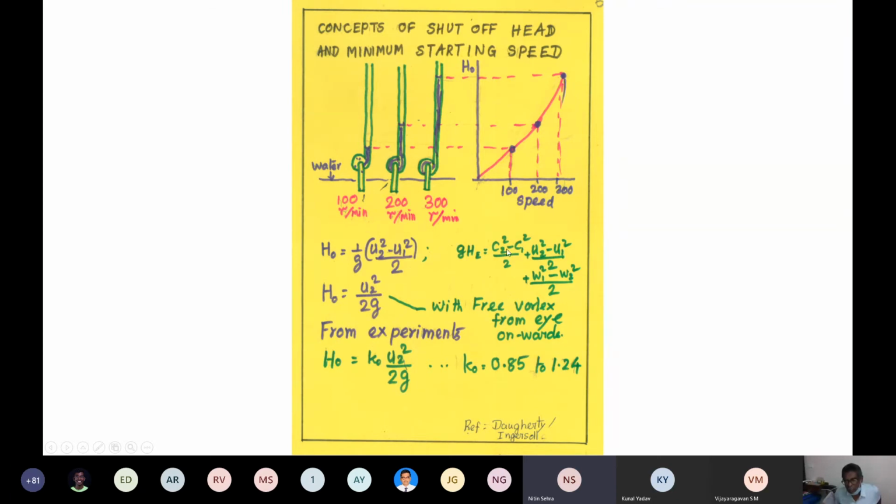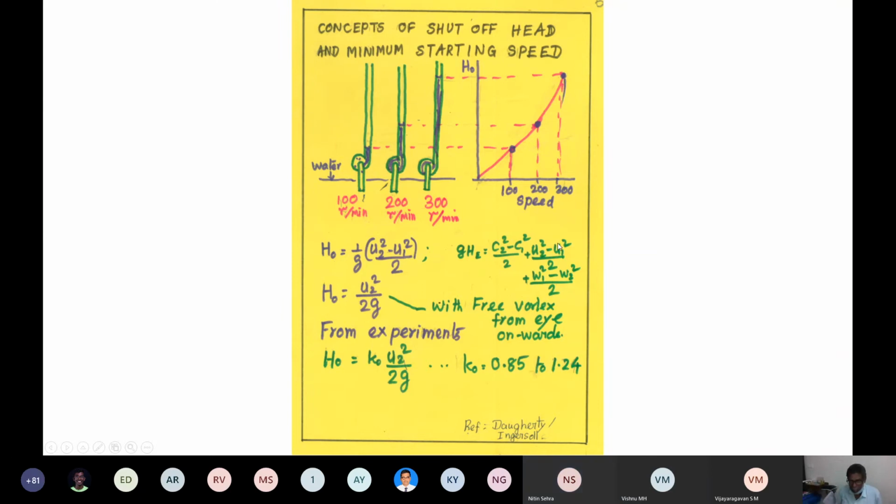Change in specific kinetic energy, exactly. Second one, centrifugal effect, because of rotation. Third one, diffusion. Three effects.